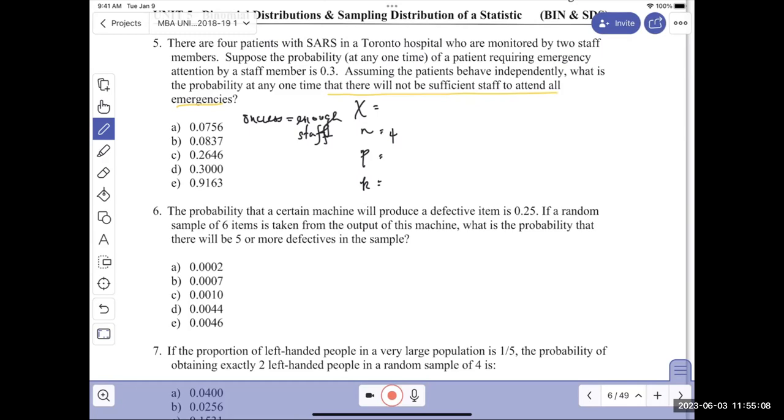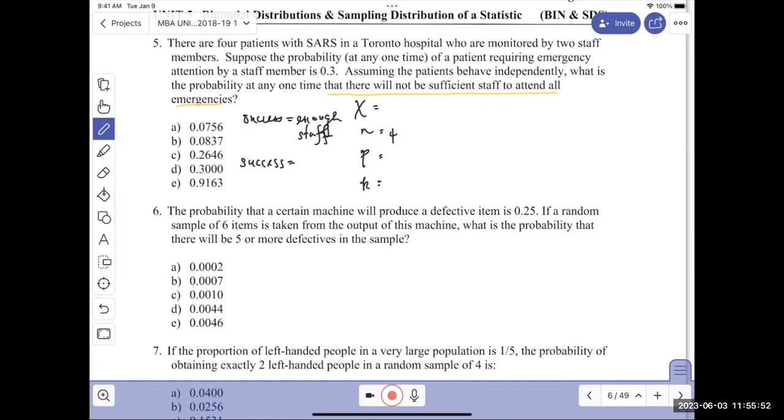So what's the chance then of a success? So is a success not enough staff or enough staff? Okay, let me do it this way.